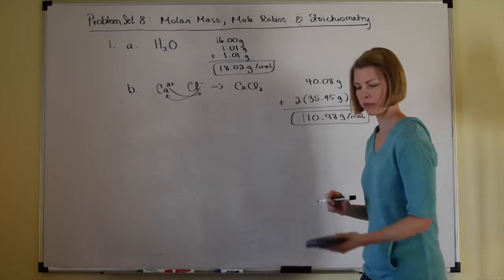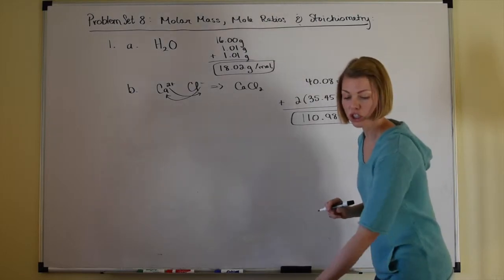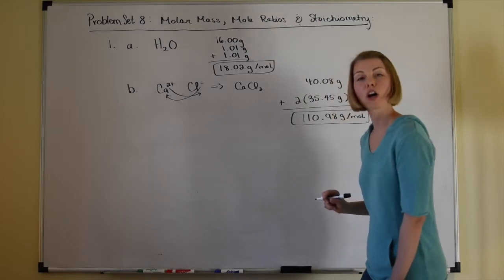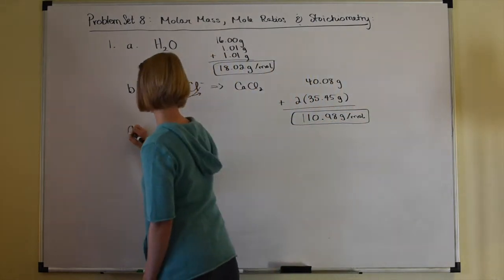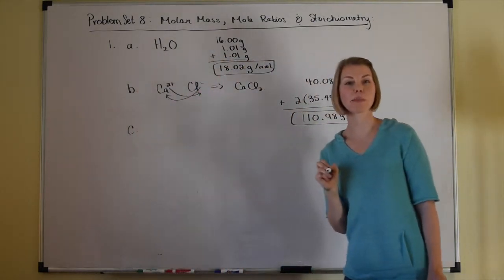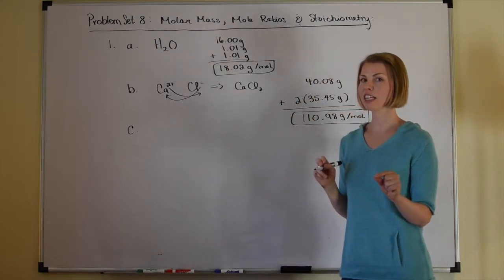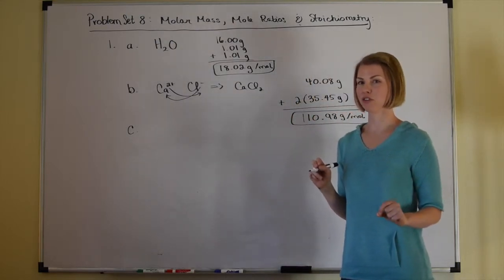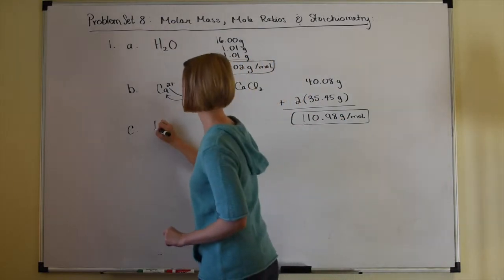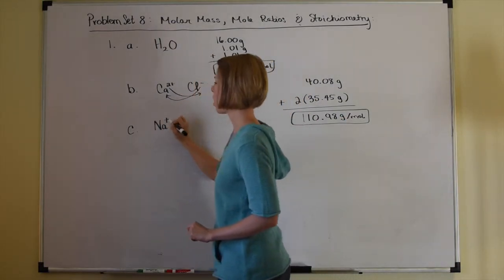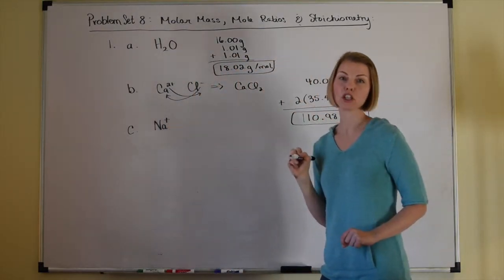Okay. All right, going on to C, sodium carbonate. Another ionic compound, so make sure that you get your formula right. If you don't write your formula correctly, you're not going to calculate your molar mass correctly. Okay, so sodium is a group 1A metal.